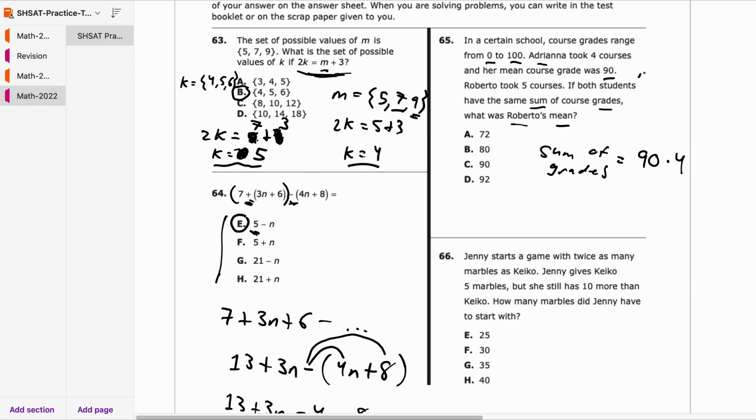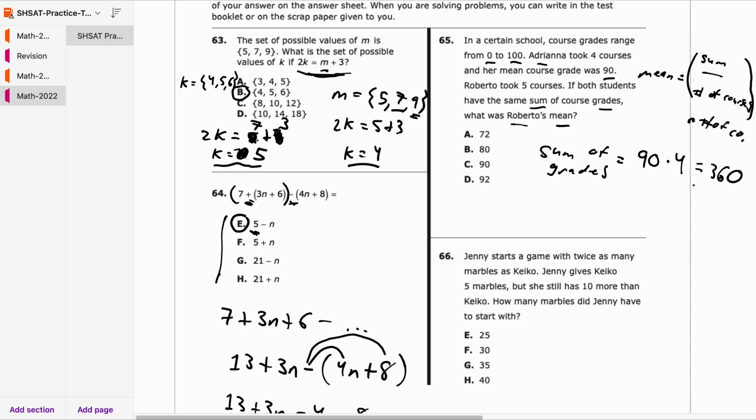Because mean is just the sum of the grades divided by the number of courses. So we're just taking this value and multiplying it by the number of courses to get the sum. So the sum is 90 times 4, which is 360.